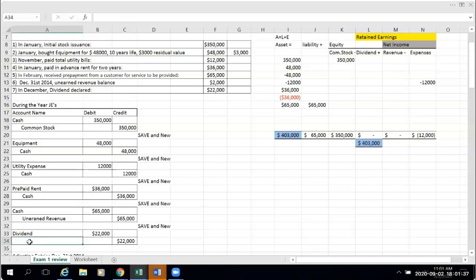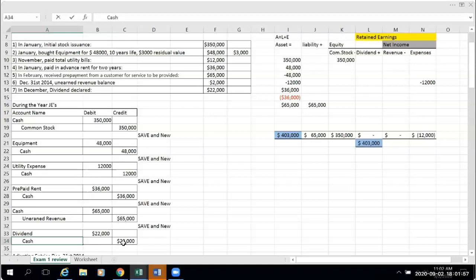Imagine, just to make it easy to learn why dividend is debit and the other one is credit, that the other one is paid already. Cash is paid to shareholders as a form of dividend. Cash goes out of pocket, far away.